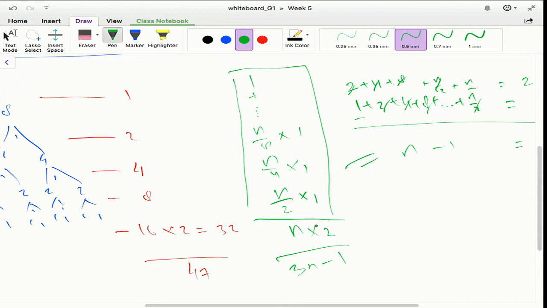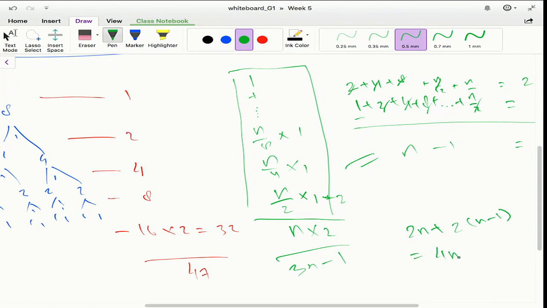Now, this is assuming that n is a power of 2. But you don't always get a power of 2, right? Somewhere in between, it may not be a power of 2. It may actually be some even and odd numbers and so on. But even if you increase the expectation that it's not 1, 1, 1, if you say that these are all odd numbers, then it's going to be 2 times 2 times 2 times 2, right? So instead of 1, it will be 2. This whole thing is still going to be n minus 1. So then you still have 2n plus 2 of n minus 1.